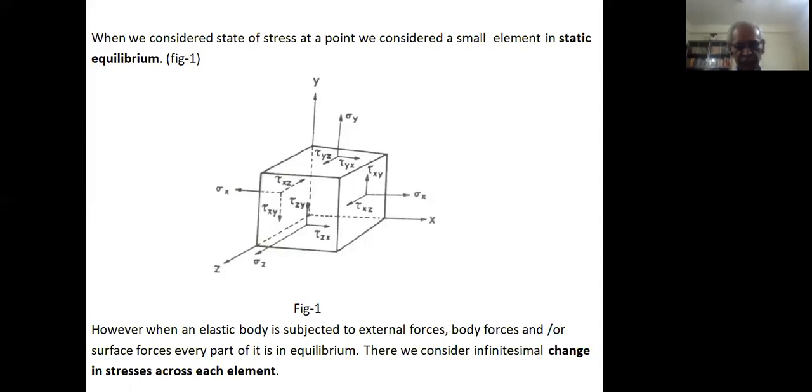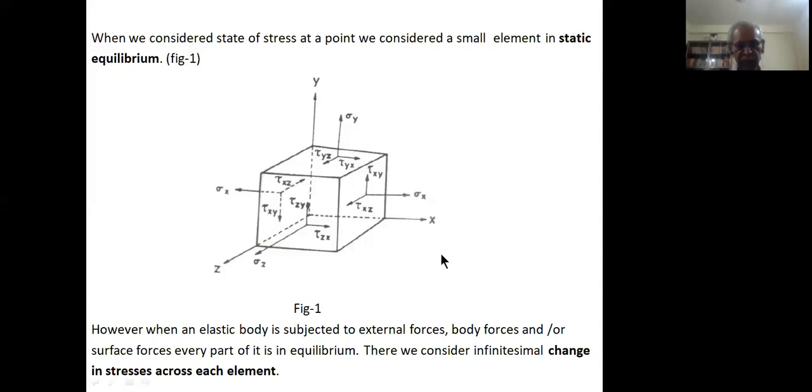Here, we consider the small changes in stresses across the element. This we did not do in figure 1. But to consider the equilibrium of every part of the body, we must consider the small changes in stresses across the body.